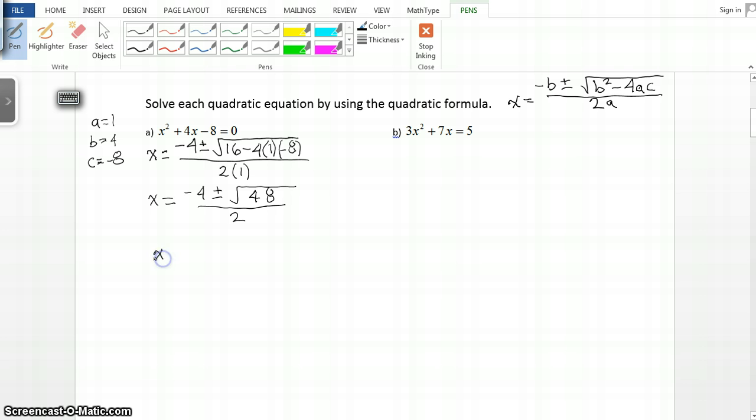Okay, let's simplify that radical. Negative 4 plus minus. 48 is not a perfect square. 4 is a factor of it, but there's something bigger. Perfect square, 16. I'm going to do this off to the side. 48 is 16 times 3.